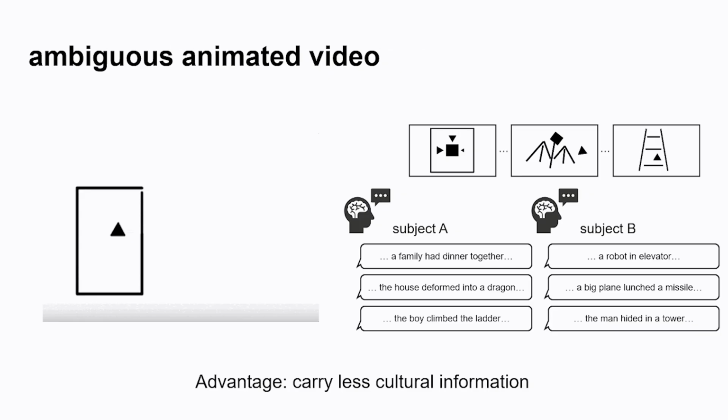This style of video uses simple geometric shapes to show a narrative and may lead to vast differences in understanding among individuals, like the example we give here. The reason we use this kind of stimulus is that it carries less cultural information that might mix with our interactive cultural learning effect.